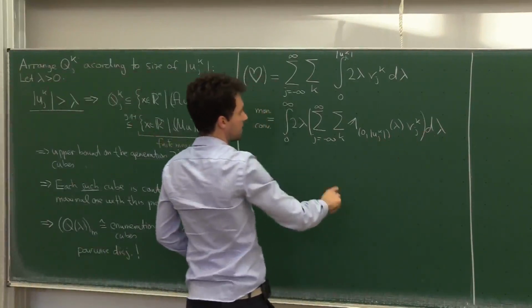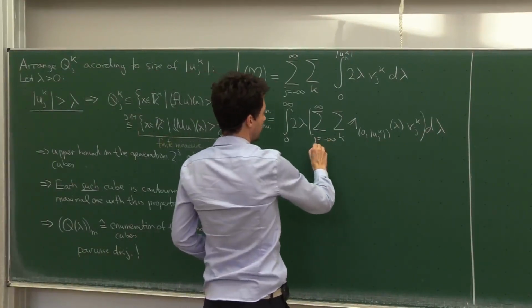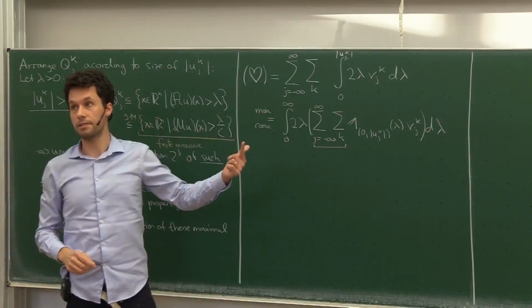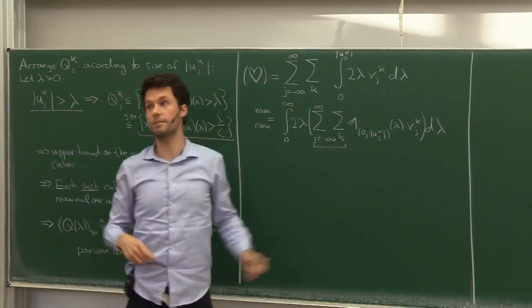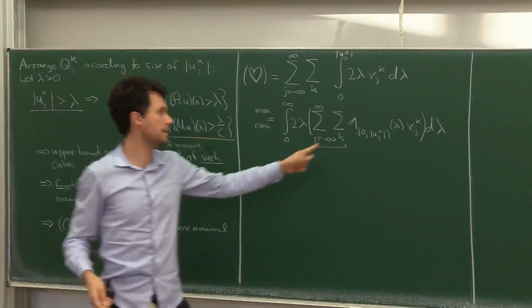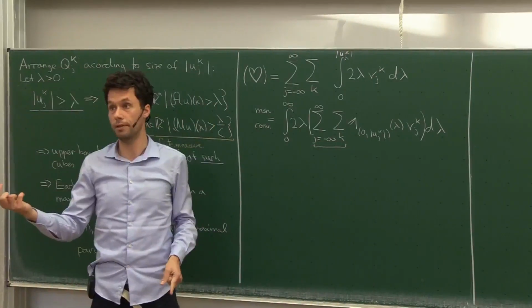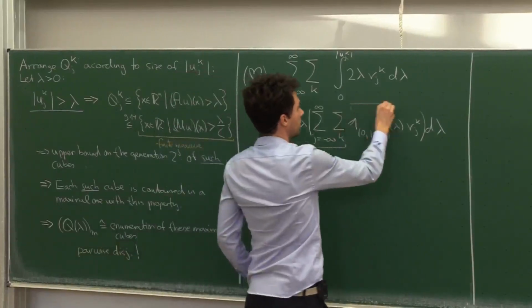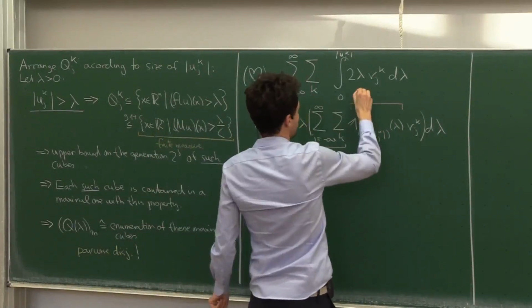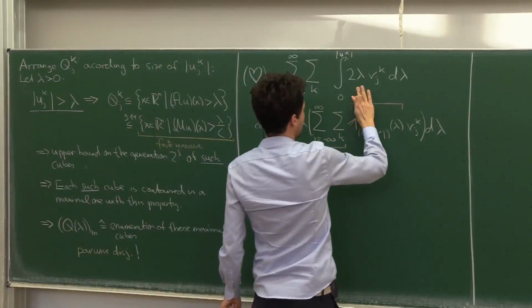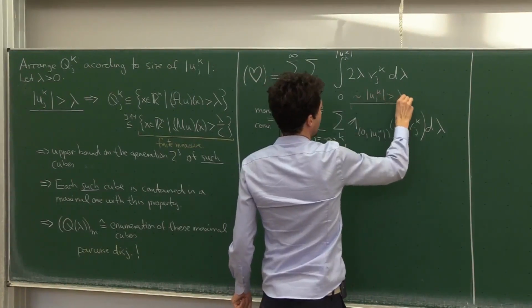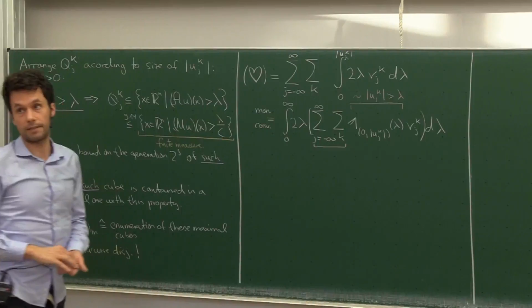Now this sum, lambda is fixed, then here you're doing the right thing. You sum some numbers, but these numbers are only giving a non-zero contribution if this indicator function evaluates to 1, and the indicator function can only evaluate to 1 if this size condition is verified. This can only evaluate to 1 if u_jk is larger than lambda.